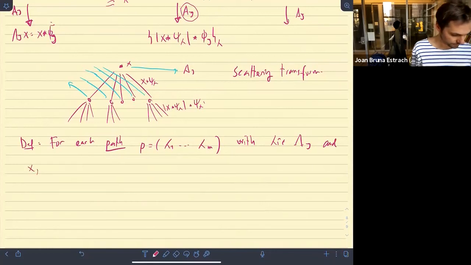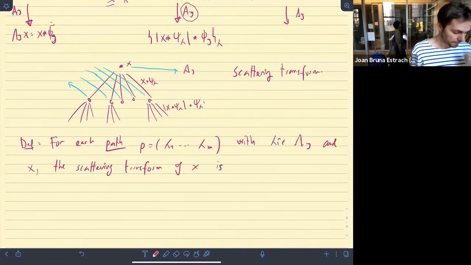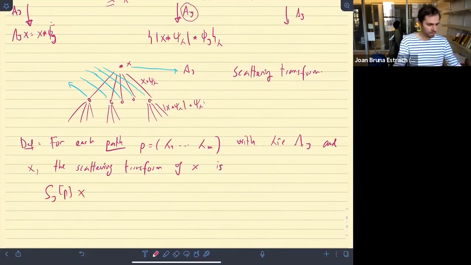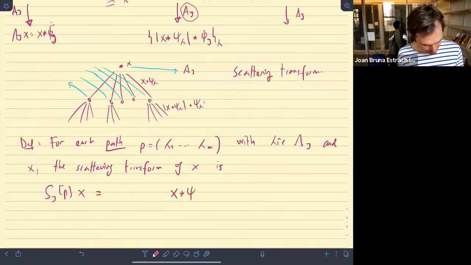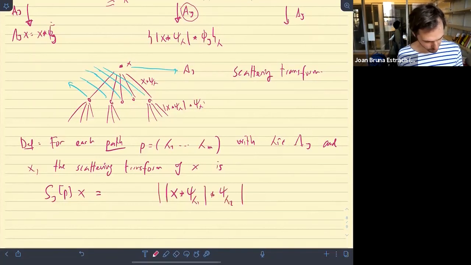The scattering transform of X is defined, it's written like this. Okay, so this is a signal that is defined as taking X, convolving it with the first wavelet, applying the modulus, then I convolve it with the second wavelet in the path, apply the modulus, and I keep going until I convolve it with the last wavelet.